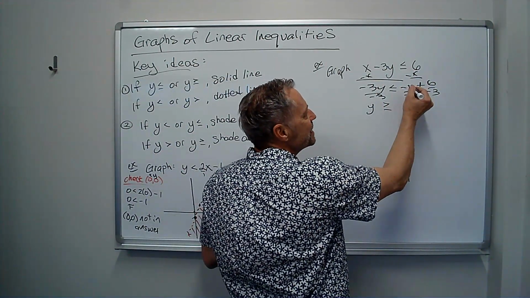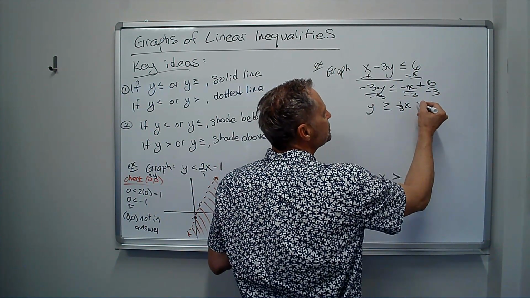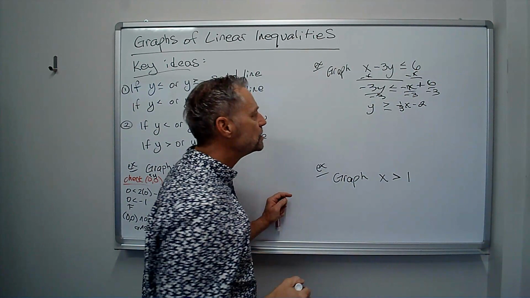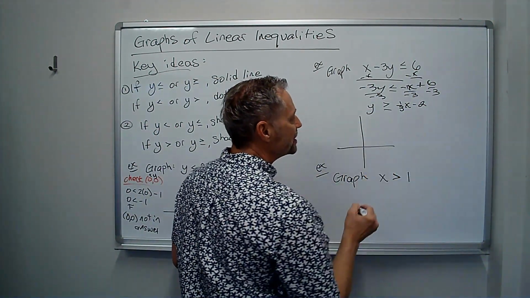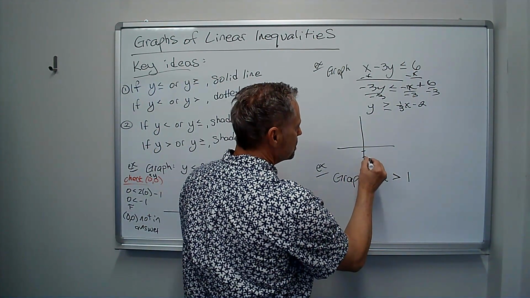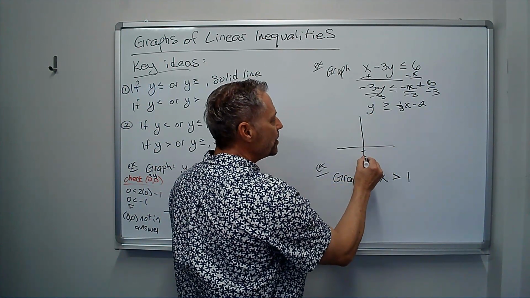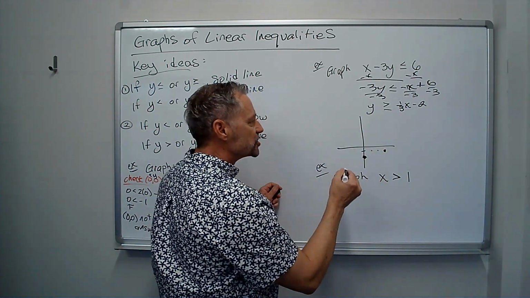These negatives cancel out, but remember that's a 1 up there. So let's just call that 1/3 x. And then 6 divided by -3 is -2. So now when I graph, I'm going to say, okay, my y-intercept's -2. My slope's 1/3, so I go up 1 and right 3. And then there's going to be my graph.